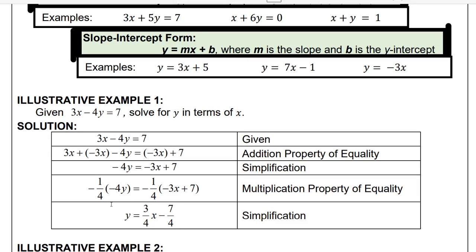So you have now the slope-intercept form. By the way, the negative 1/4 is using the multiplication property of equality. So that's it.